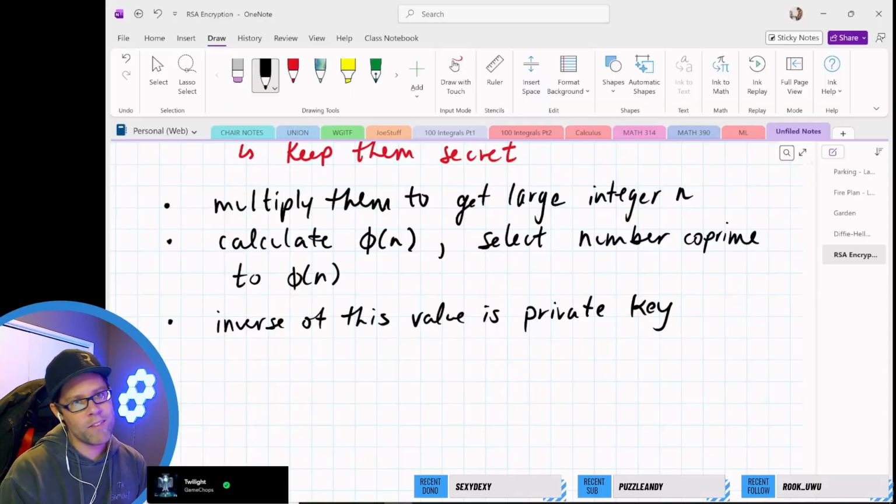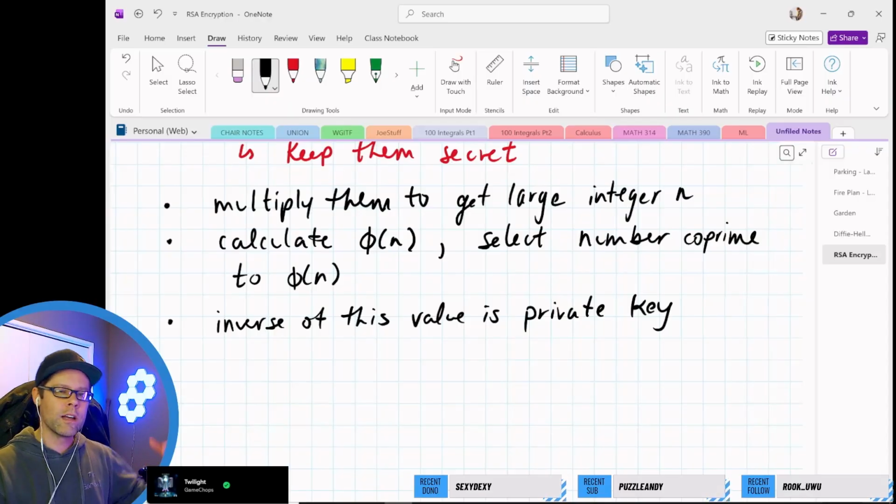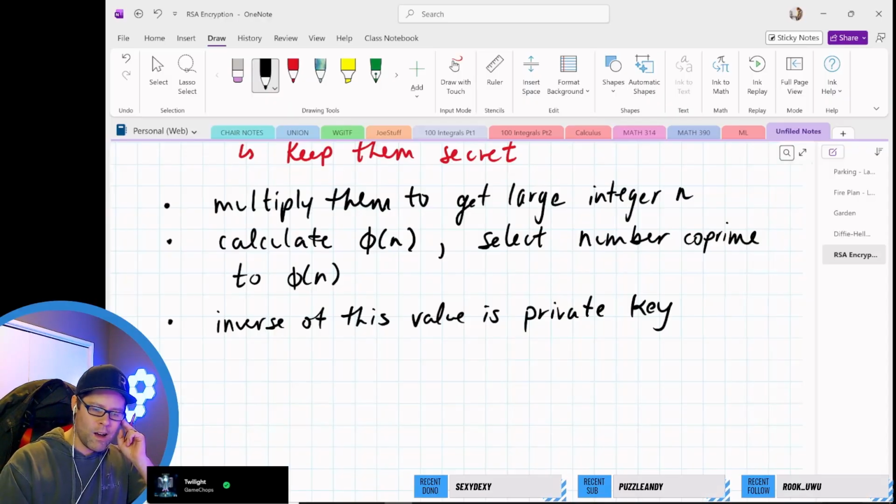And that becomes our private key. And we'll take a look at, once we start working through some of the theory and some of the example here, why this works the way that it does. It's actually a really cool, sneaky way to make things work. Very, very clever way of doing this.